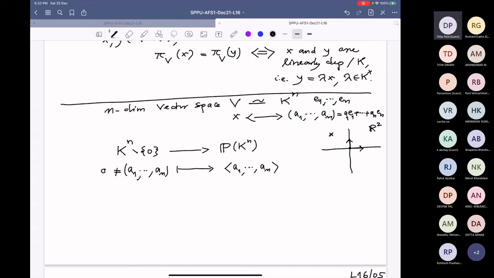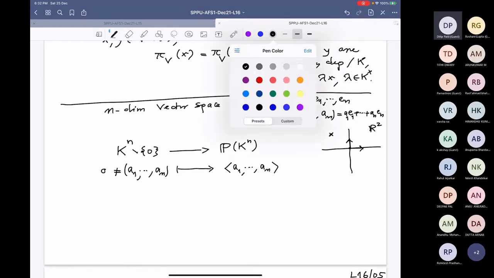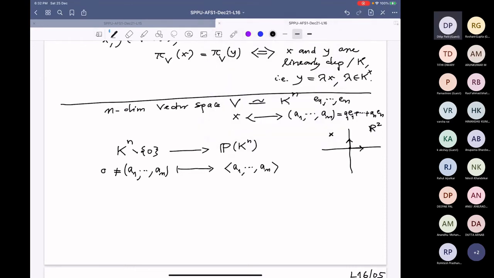All right. So now this is usually denoted by one less. That means I'm writing this notation as P n minus 1 over K. This is what is usually denoted by projective space. Why one dimension less? Because one of them is non-zero. So let's say I assume an is non-zero.